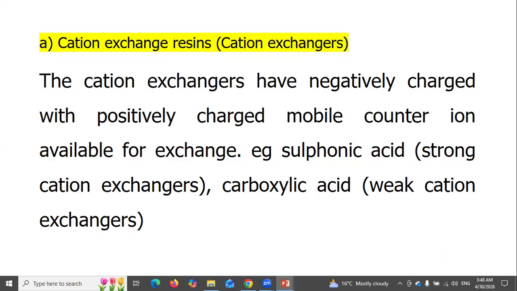For example, sulfonic acid, strong cation exchangers, carboxylic acid, weak cation exchangers.